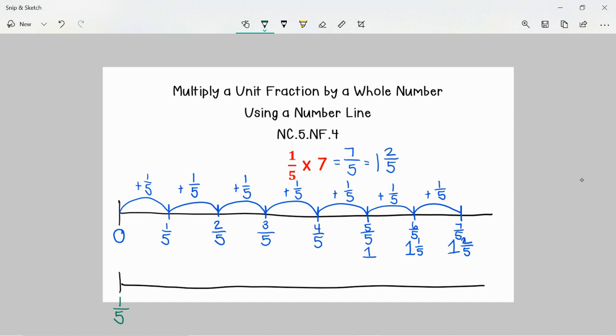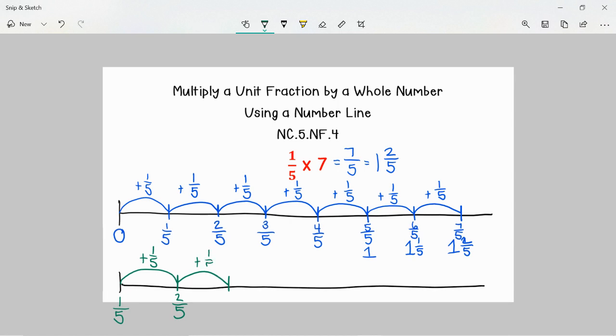And so by beginning at 1/5, this is already one group of 1/5. We know we need a total of 7 groups of 1/5. So from here, we would need to hop 1/5 6 more times, since this is representing already having one group of 1/5. So from here, we would add 1/5, and that would be 2/5.